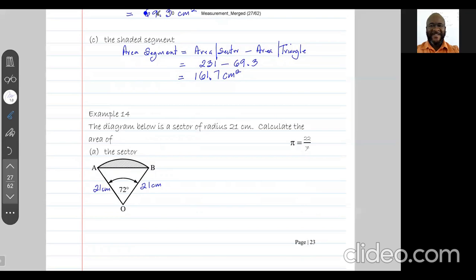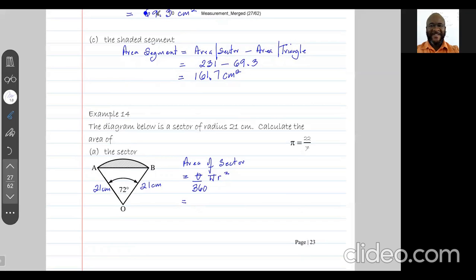All right, so the first thing we're told is that pi is equal to 22/7, and we're asked to determine the area of the sector. Well, that's easy. Area of a sector is equal to theta over 360 times the area of the entire circle, which is pi r squared.